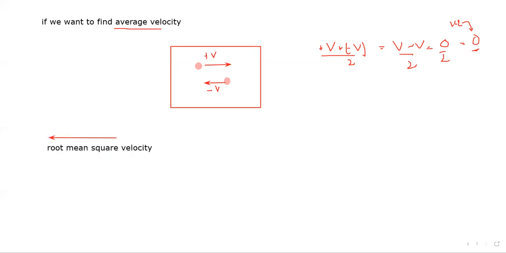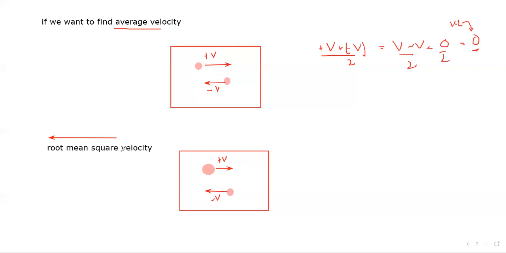Example: if two particles are moving in opposite directions, I will not take the average, I will take the root mean square velocity. What is the meaning? If one is moving with plus v, the other is moving with minus v.